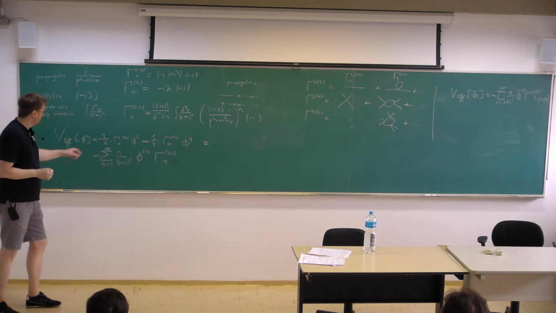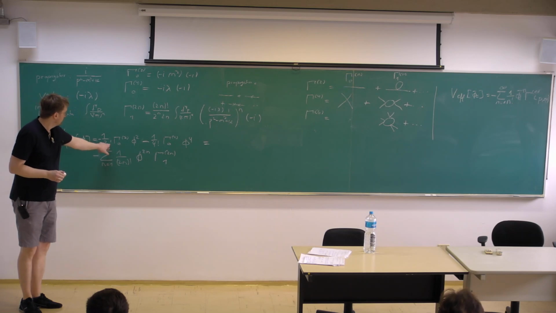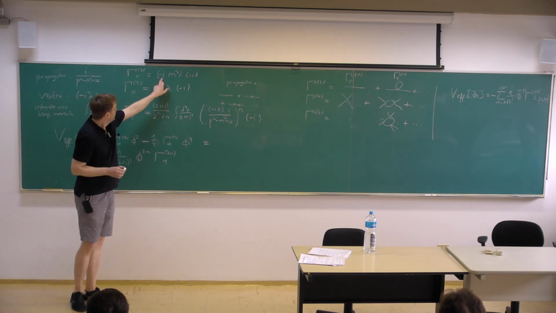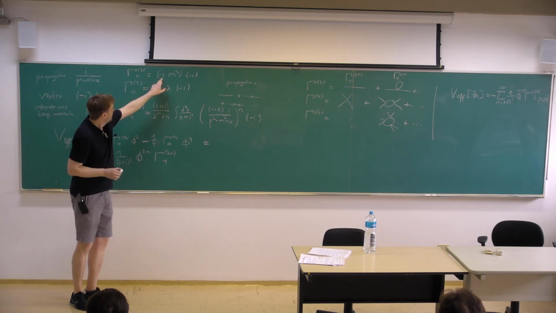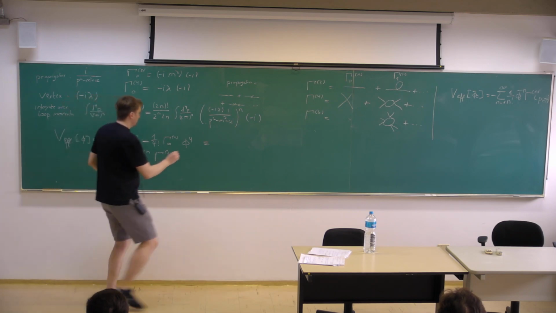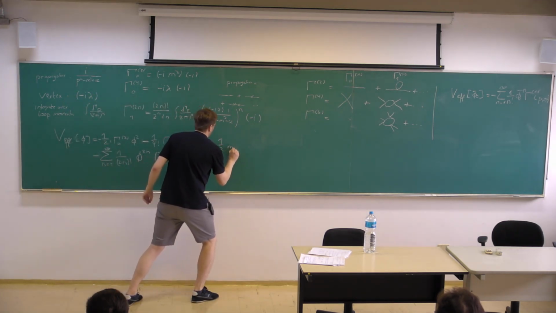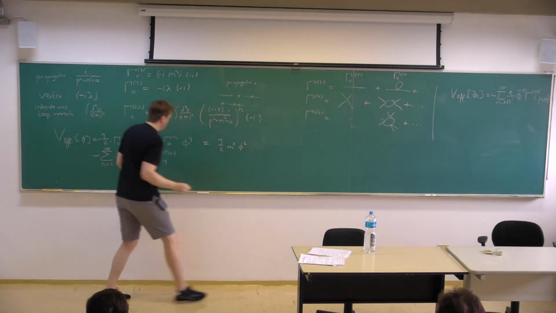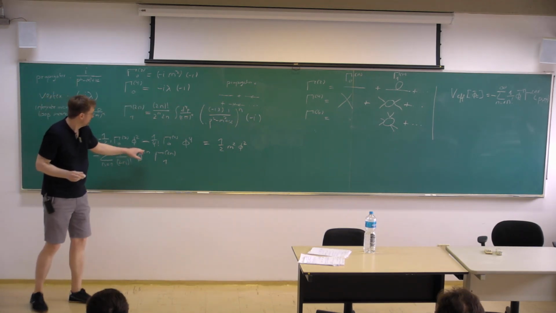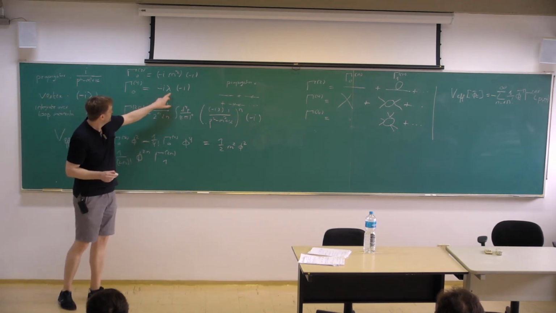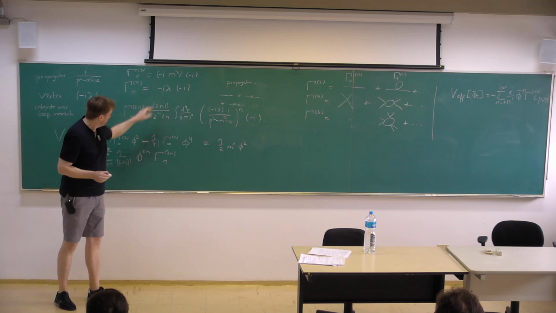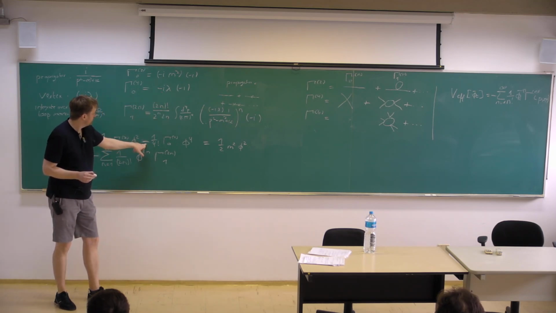Now you see that 1 over 2 factorial is just 1 over 2. This gives a minus sign, so I just get 1/2 m squared phi squared from this piece. And there's the same story: this gives a minus sign, and the minus sign gives plus.